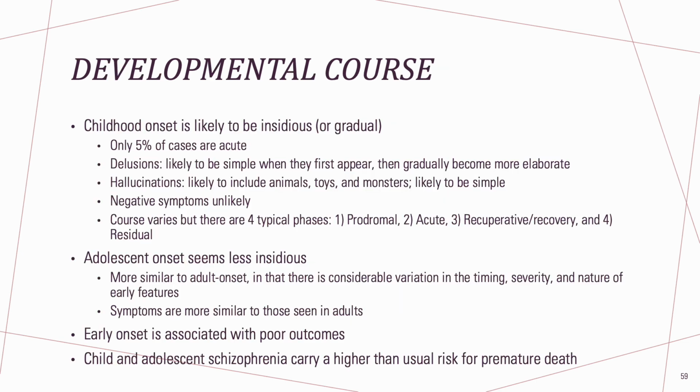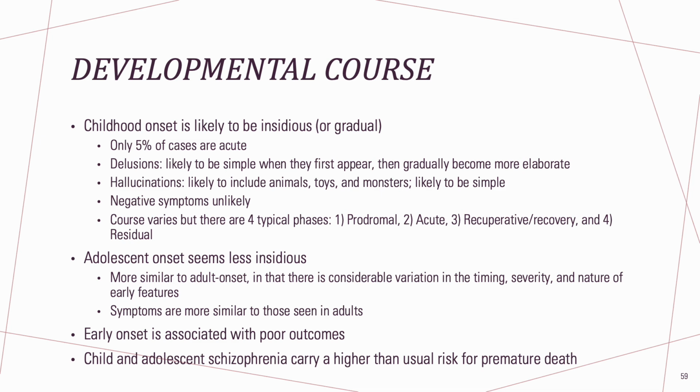So in terms of the developmental course of schizophrenia in youth, with childhood onset, we see that the symptoms are likely to be gradual. So it's pretty rare, and only 5% of cases where you see onset is acute. So it happens all of a sudden.